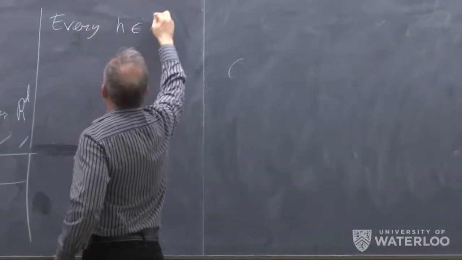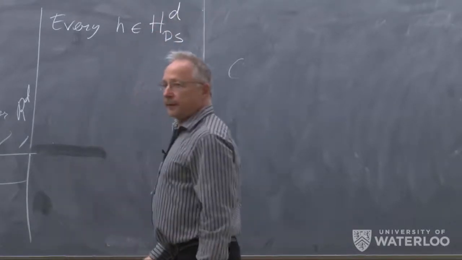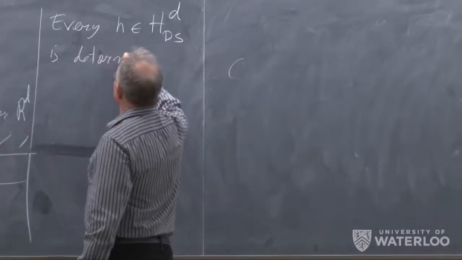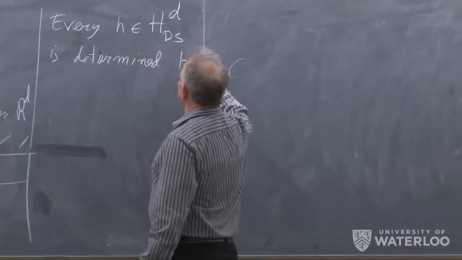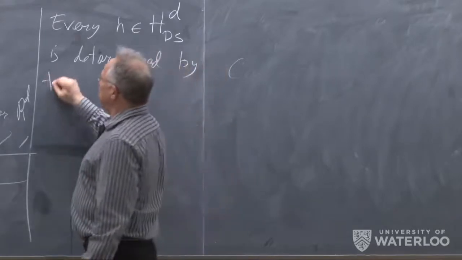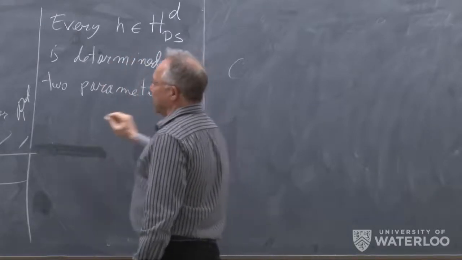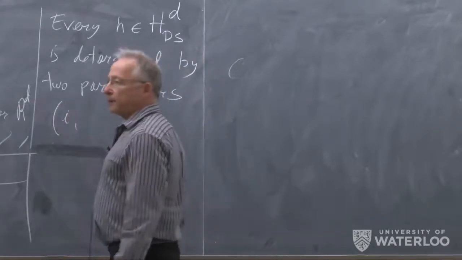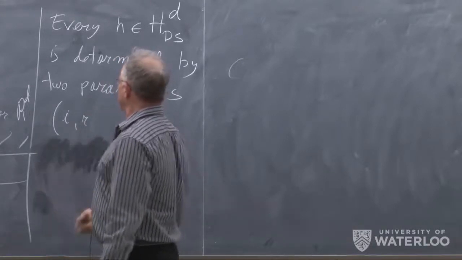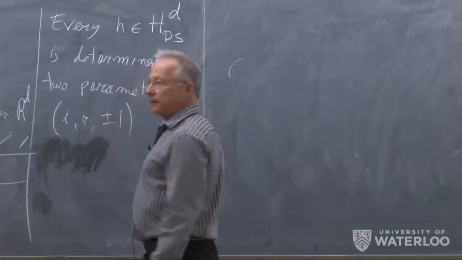If I want to write this class explicitly, every h in this class, H decision stamps over dimension D, is determined by three parameters: i, r, and also a sign, either plus or minus 1.